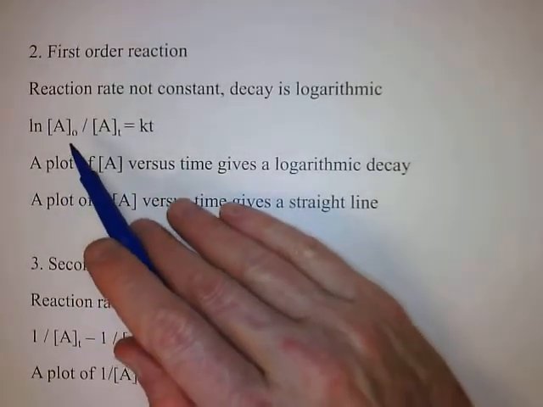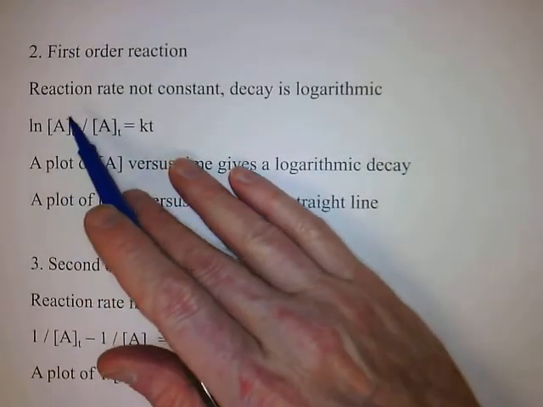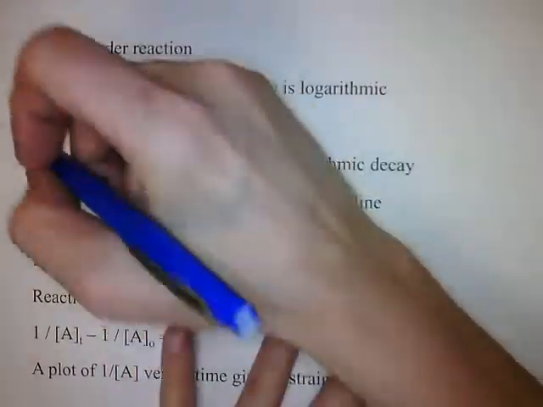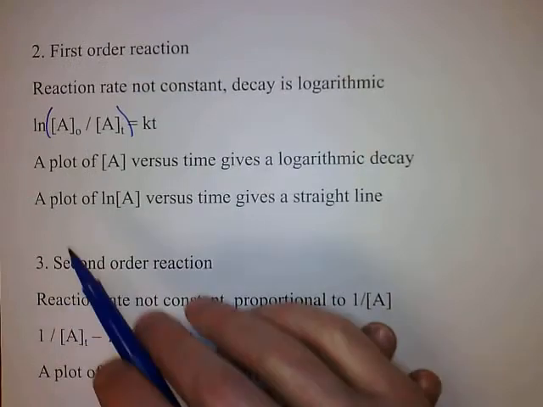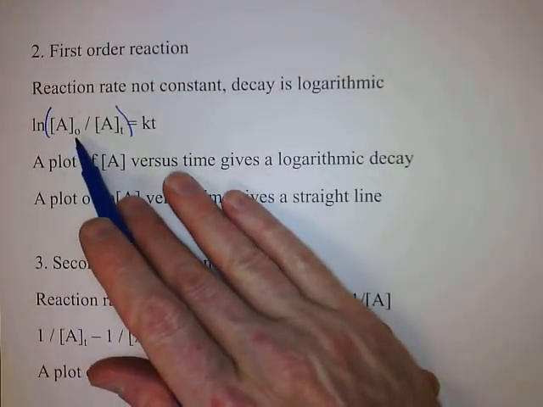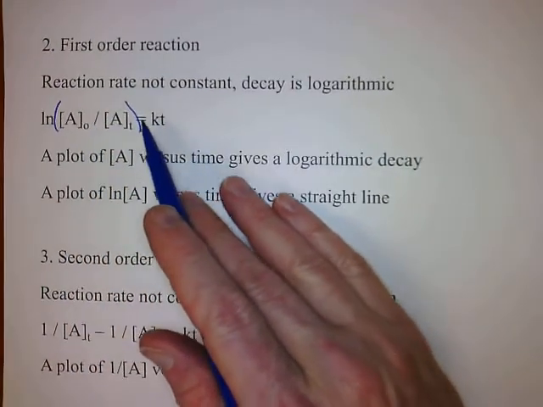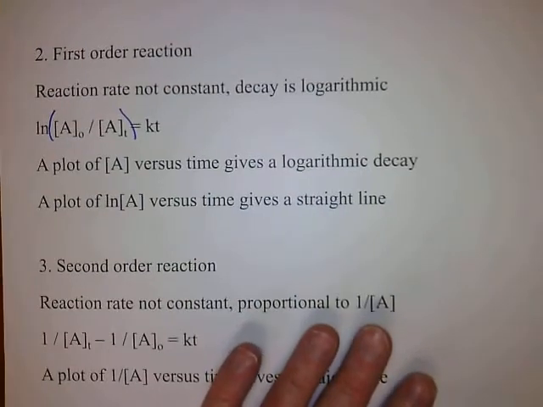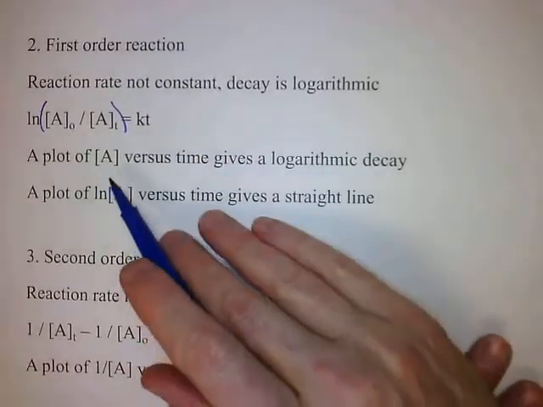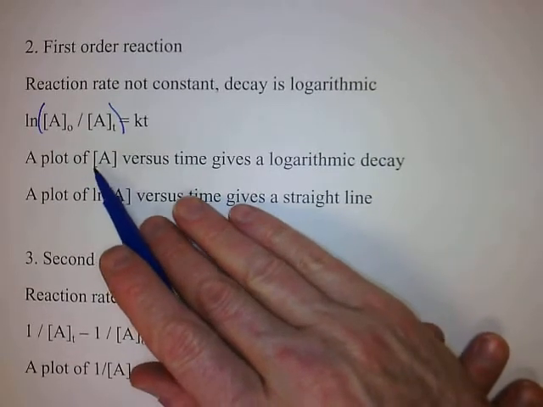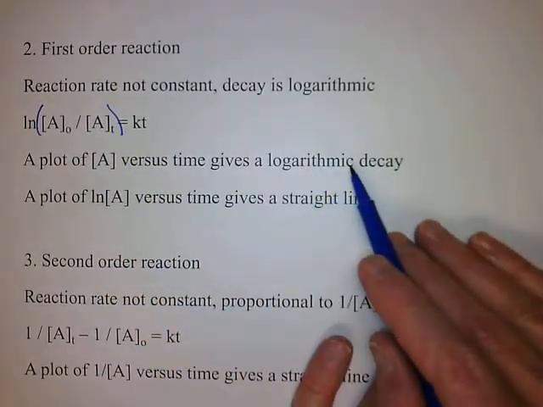All right, so that's going to be this equation. The natural log of the ratio of the concentrations, initial concentration divided by the concentration at time t, is equal to kt.